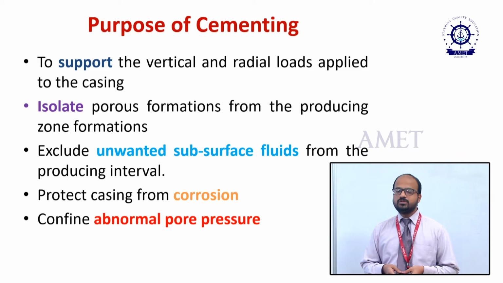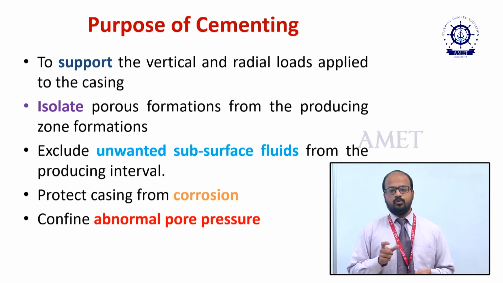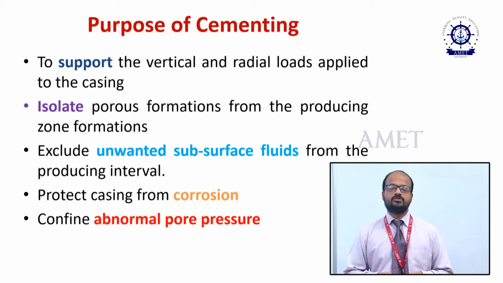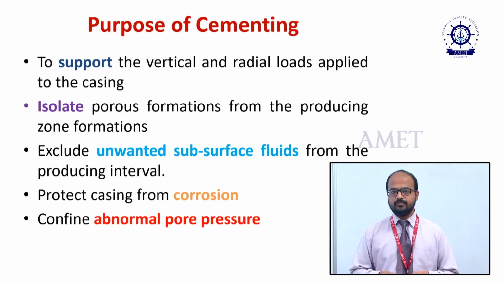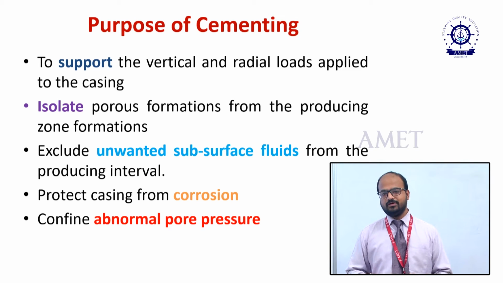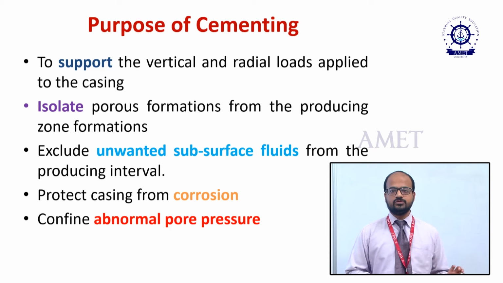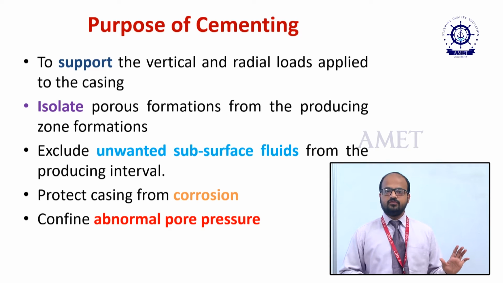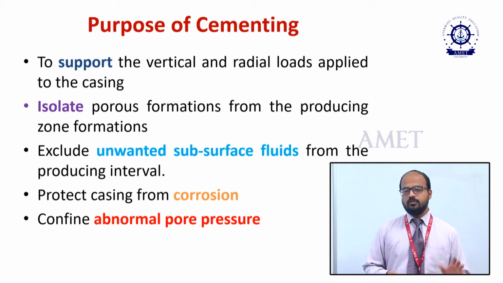Next, it isolates the porous formation from one zone to another zone. Suppose my target is to reach 6,000 feet. If I have reached 6,000 feet, my reservoir exists. If at 3,000 feet or 2,000 feet you found any water zone, then what happens?